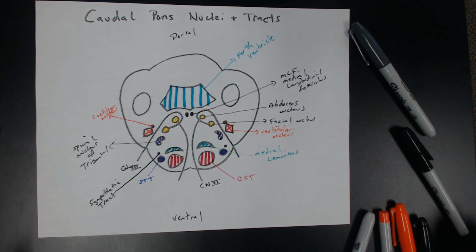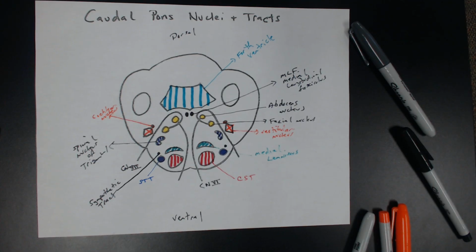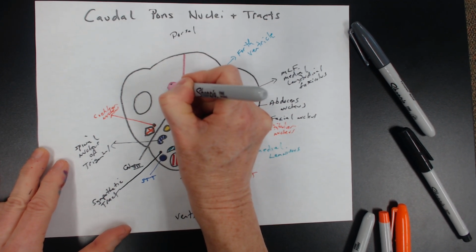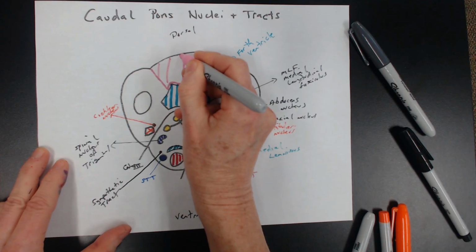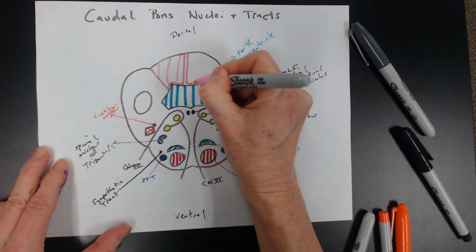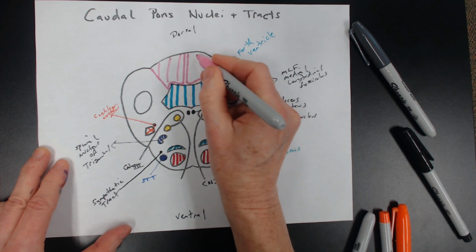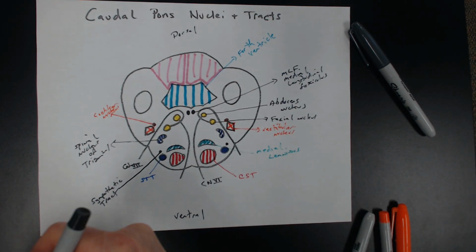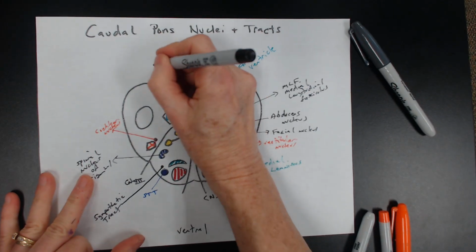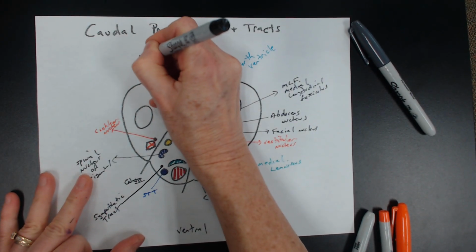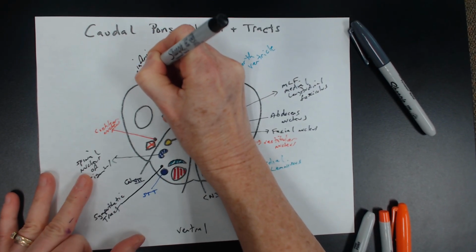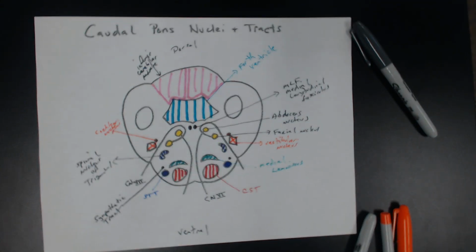Main portion of the connector from the pons to the cerebellum is going to be present most dorsally. It's going to be present bilaterally here. This is going to be your inferior cerebellar peduncle, and draw it bilaterally. Okay, that's your inferior cerebellar peduncle.